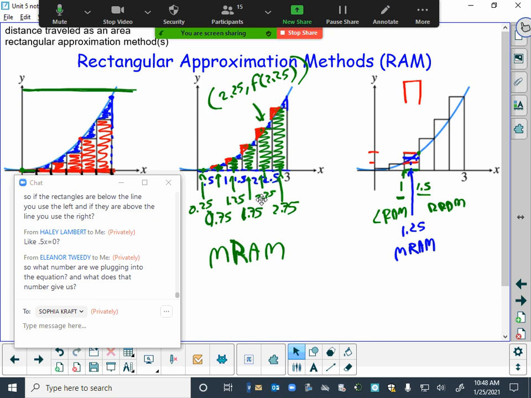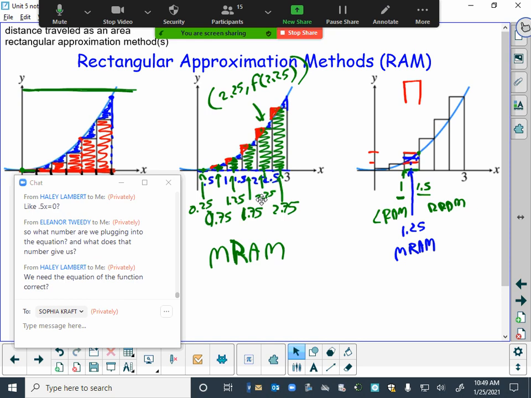But never ever forget that it is about finding areas of rectangles. Yes, we would need some kind of information like the equation for this, and this maybe looks like f of x is a half x squared or something like that.